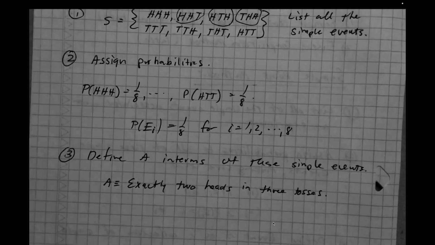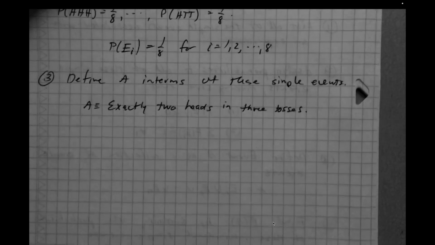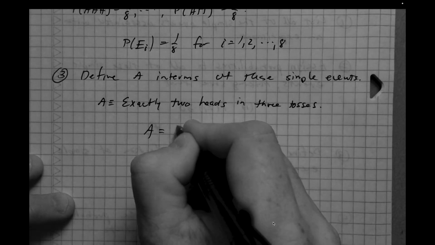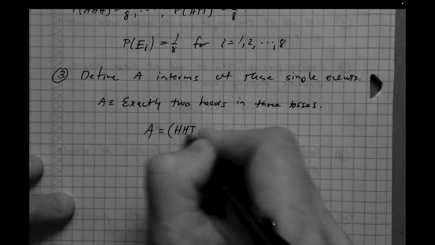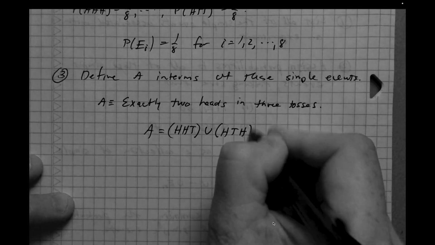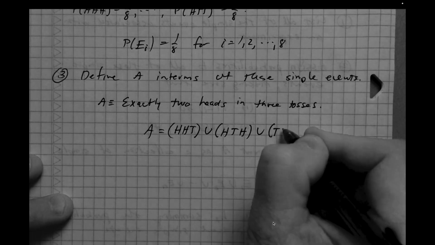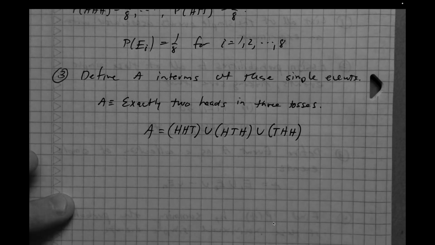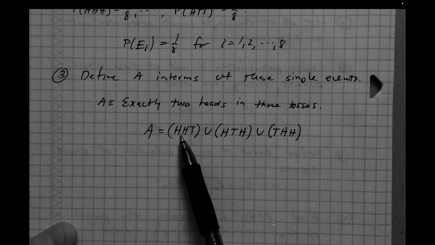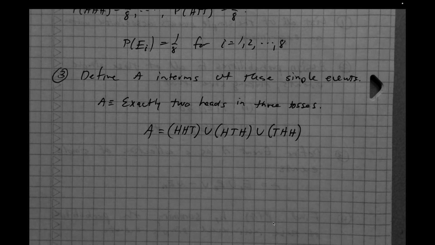Okay, and so we can write that out. We can say that A is equal to HHT or HTH or THH. Right? Now, depending on what kind of notation you want to settle on, whether you're fine just using it like this, or you want to call this E2 and this E3 and that E4, that's totally up to you.